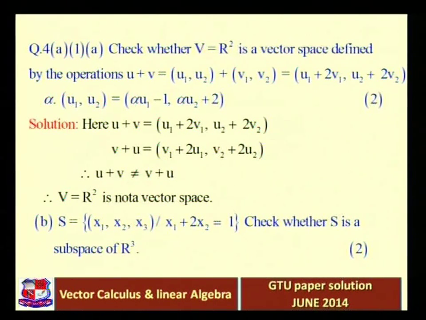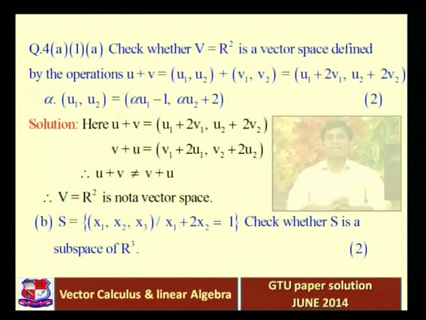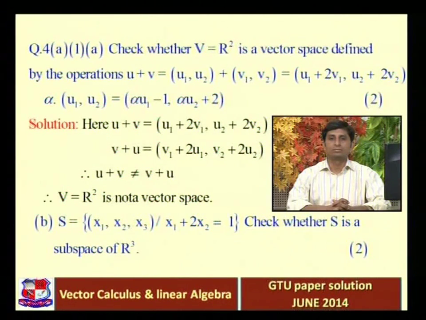The next 5 conditions are for scalar multiplication. For any alpha belonging to R, a scalar, and u belonging to V, alpha into u must belong to V. Then the distributive law: alpha into (u plus v) is equal to alpha into u plus alpha into v. Then (alpha plus beta) into u is equal to alpha into u plus beta into u.